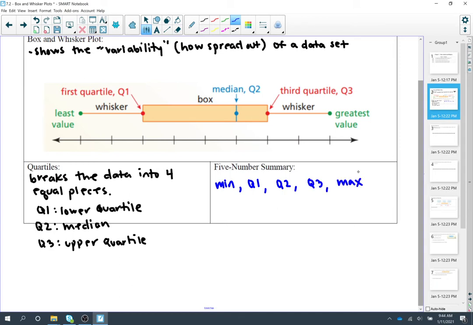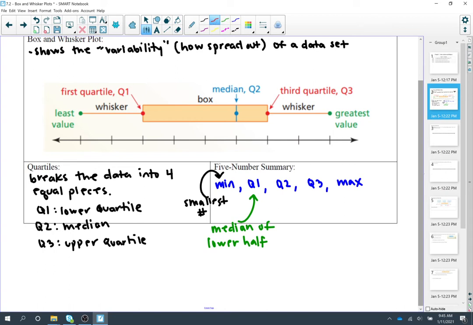Now, your min is the smallest number in the data set. Your Q1 is the median of the lower half. So you kind of split your data in half, then find the median of the lower part.